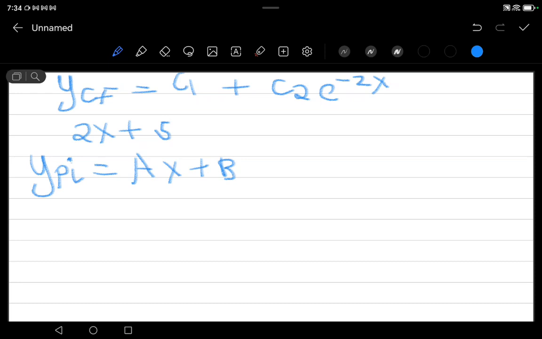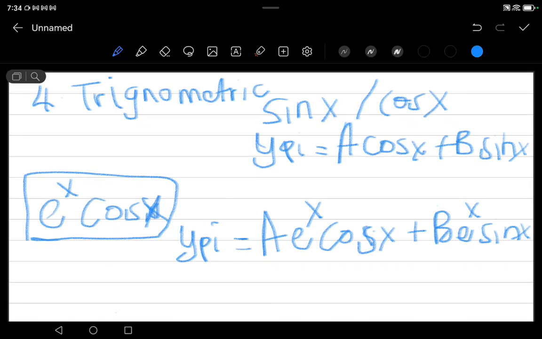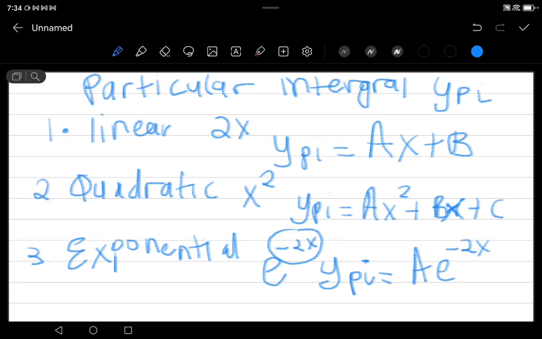Did you get this part? No. Okay, let's go back to YPI. We said for YPI, we can have a linear, we can also have a quadratic, we can also have an exponential.